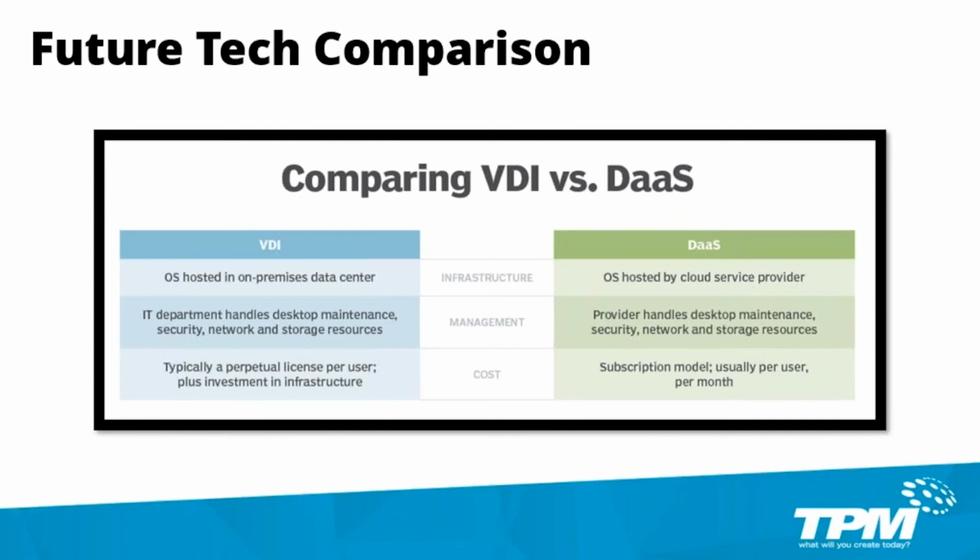VDI is internal, right? That's something your company builds. So it's basically a license that you pay for, and then you own it, and you can access that VDI environment perpetually. Whereas programs like 3DX, which is software as a service, are per month. It's more of a subscription model where you pay as you go, and you don't have to worry about anything else.